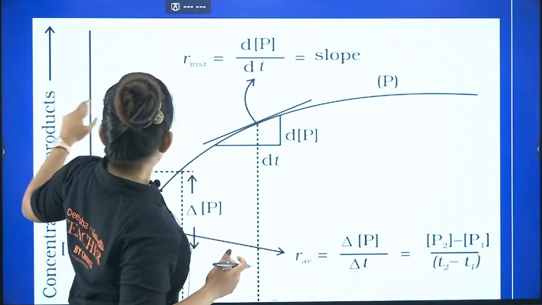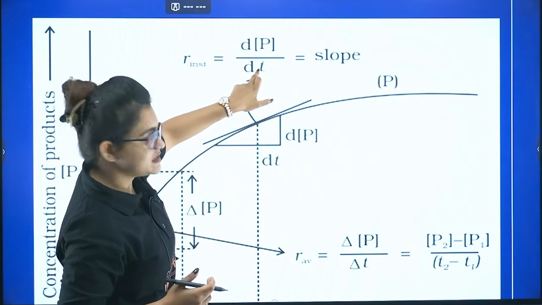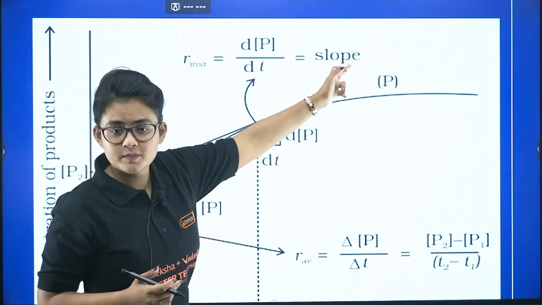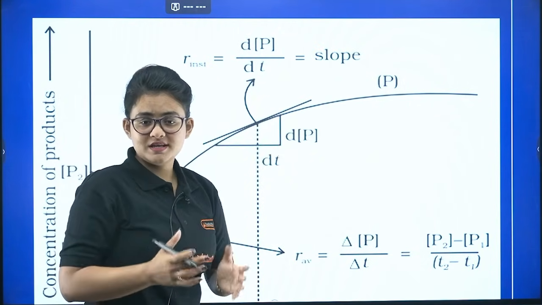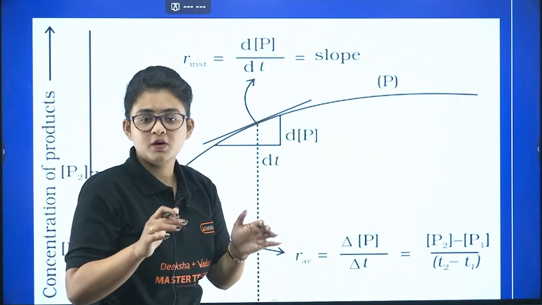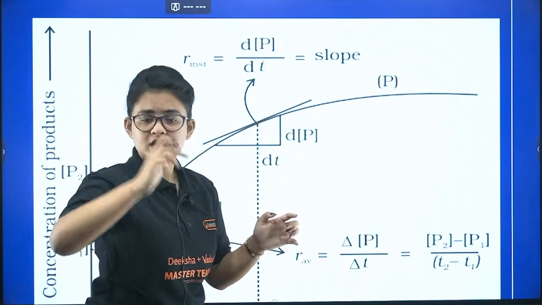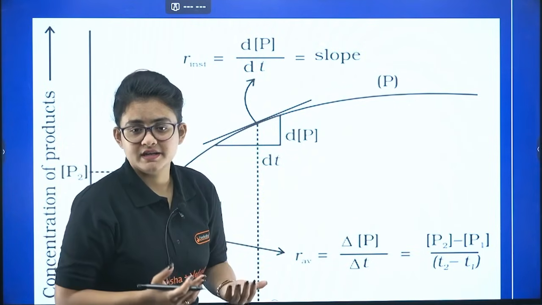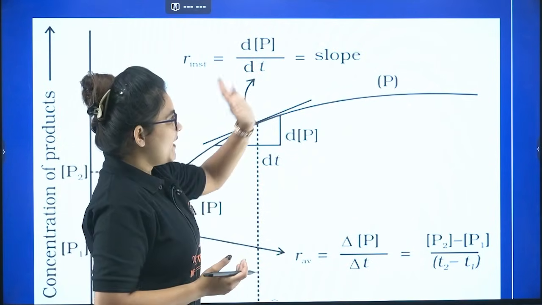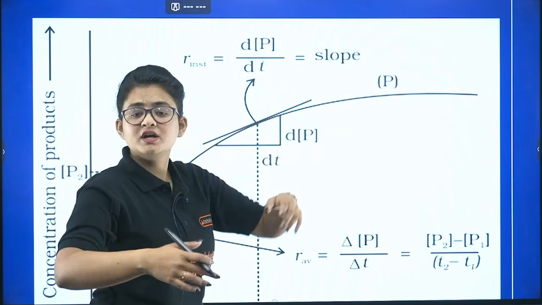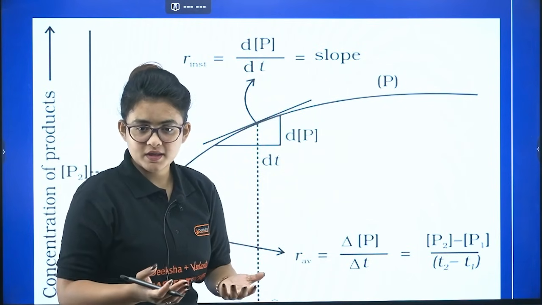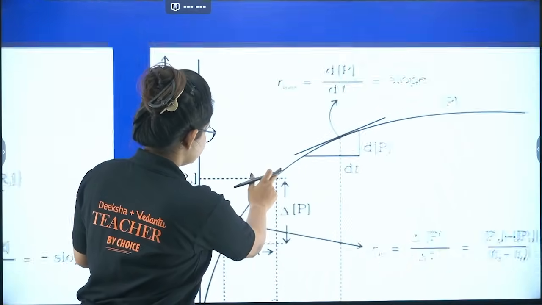What is y? The product concentration. X is time, right? That is the slope. So the instantaneous rate is nothing but the slope at the particular point. If you draw a tangent there, the slope that comes is the rate itself. And it has a plus sign, because the product will appear with time. I guess this is clear to you.